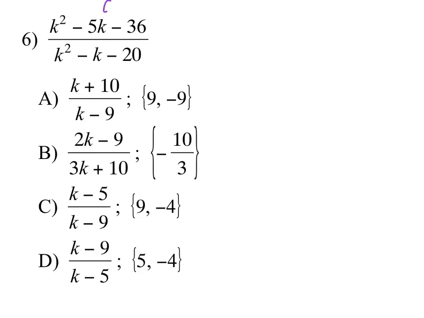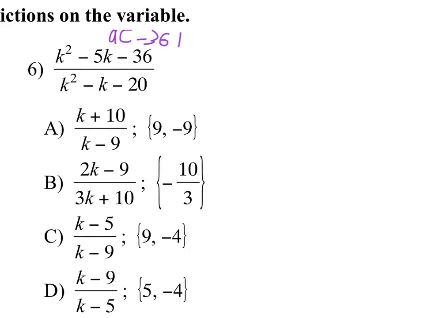For the first one, my a times c is going to be negative 36k squared. And my b value is negative 5k. So I'm trying to multiply to negative 36 and add up to negative 5k.